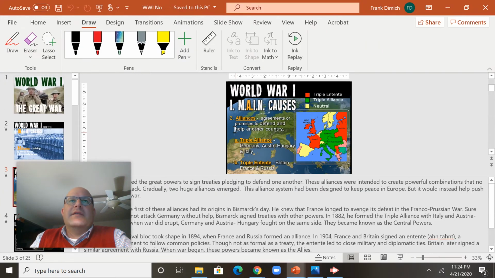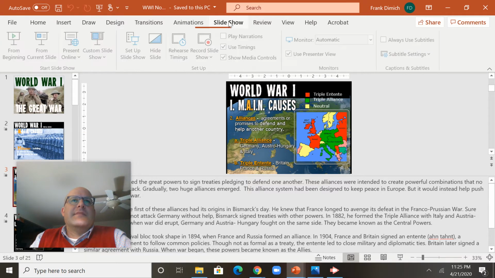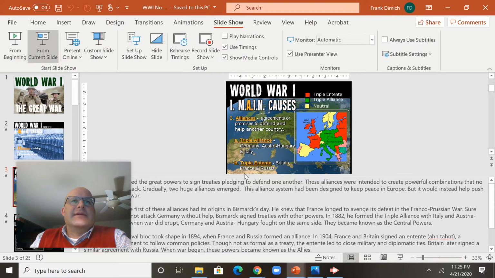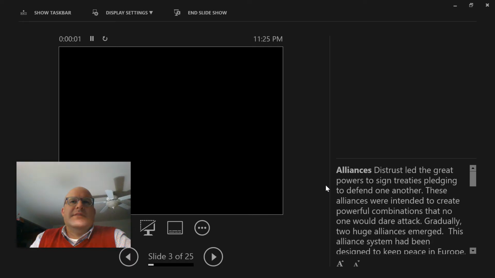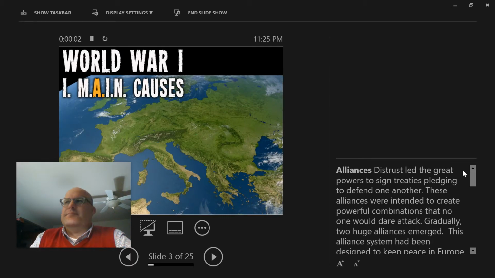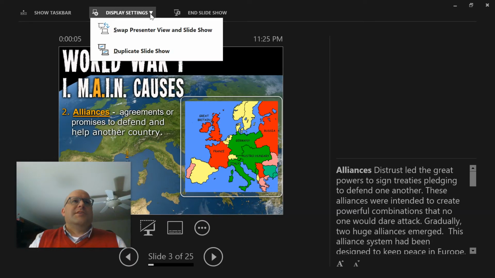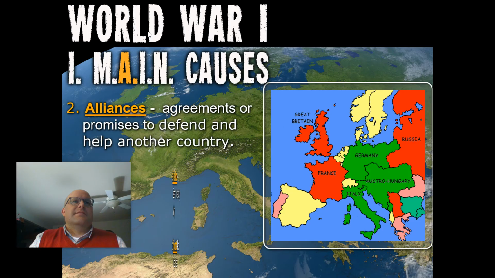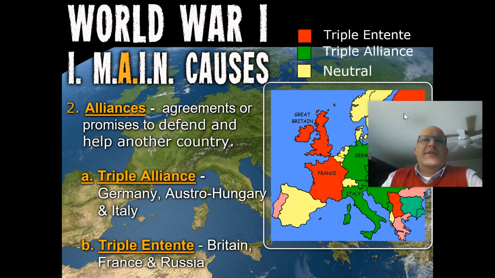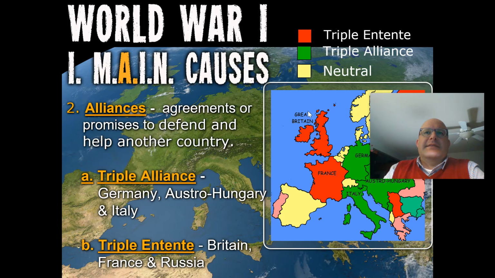So let me look over here, let me put this up and change the display settings. So the alliance, again, some of these countries are neutral, but the alliances are agreements to promise to defend and help another country.